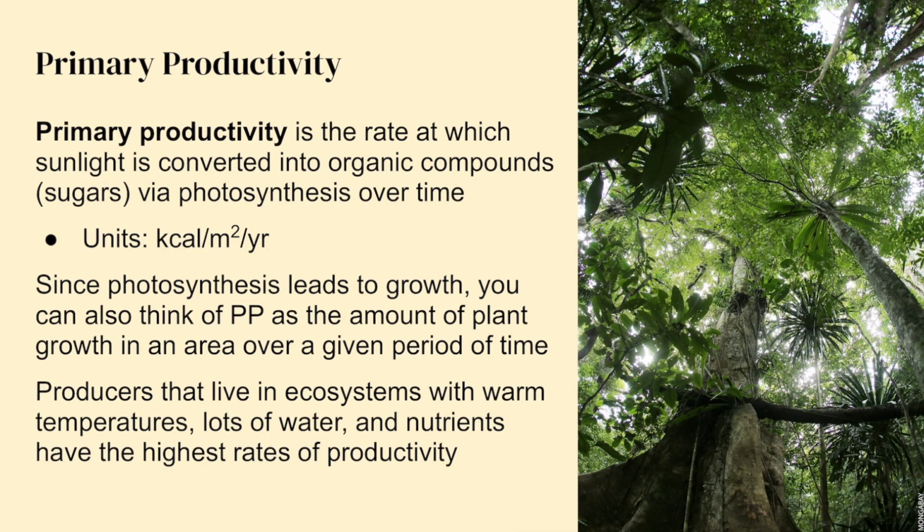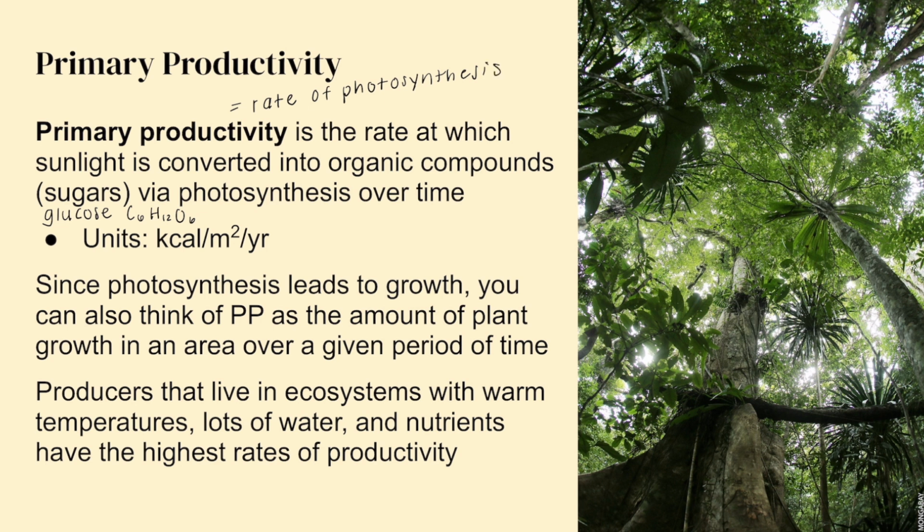So primary productivity is the rate at which sunlight is converted into organic compounds or sugars. This is our glucose, our C6H12O6, via photosynthesis over time. You can also think of primary productivity as the rate of photosynthesis of all producers in an area.